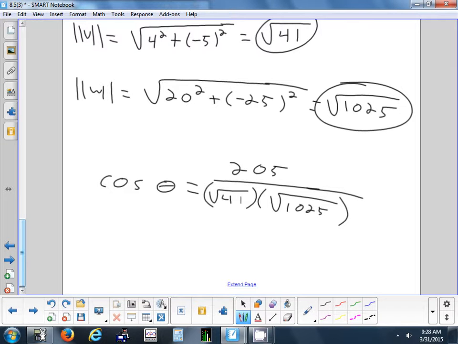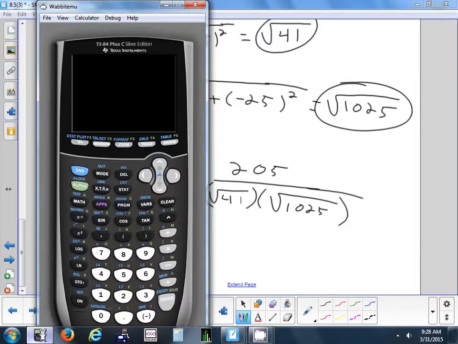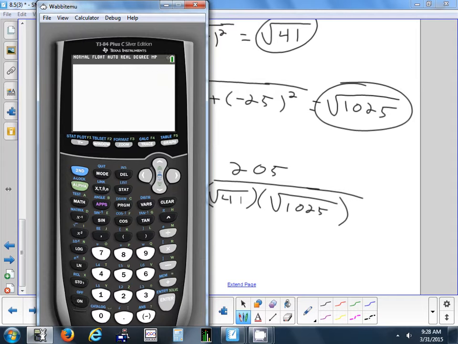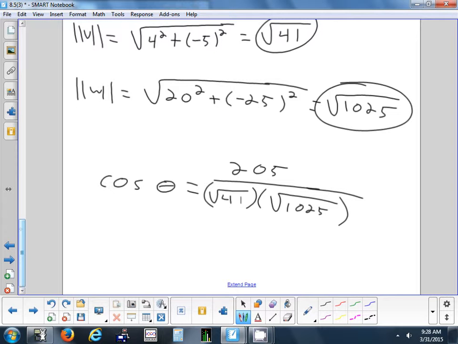Okay, one of those two. In this case, it's obviously a positive times a positive, so it's not going to be negative. Okay, so square root of 41 times square root of 1,025, we get 205.